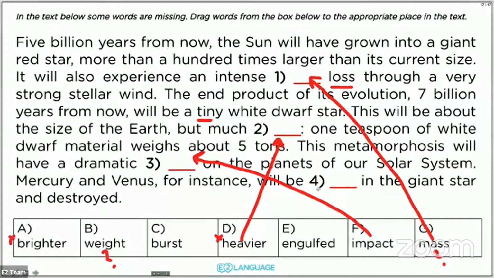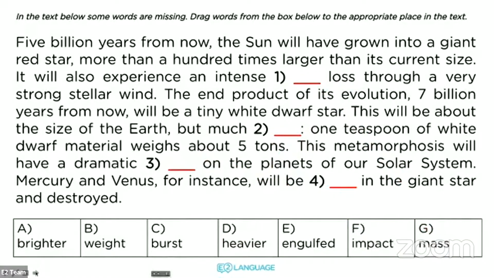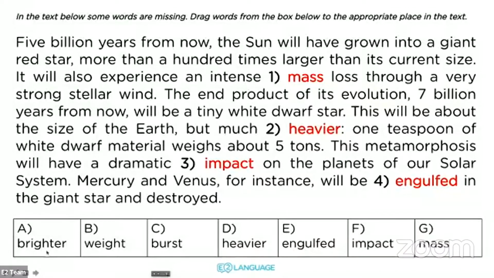And number 4, Mercury and Venus, for instance, will be engulfed. That's the only word that could possibly fit there grammatically. I hope my answers are correct, by the way. Mass, heavier, impact, and engulfed.